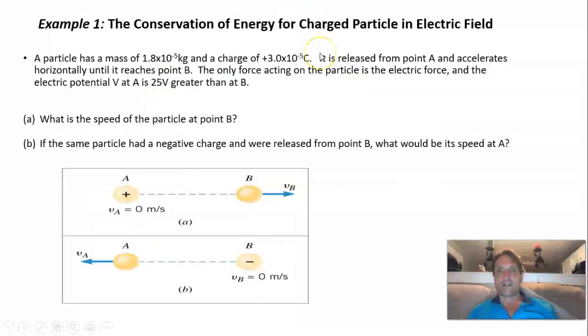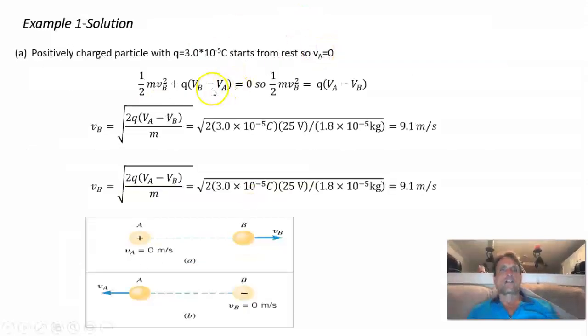since the initial kinetic energy is 0, the change in kinetic energy, which is 1/2 mv_B squared minus the initial kinetic, and the initial kinetic is 0, plus the change in potential is equal to 0, right? So in other words, the gain in kinetic energy is the loss in potential. Okay, and we can solve this for the final speed v_B.